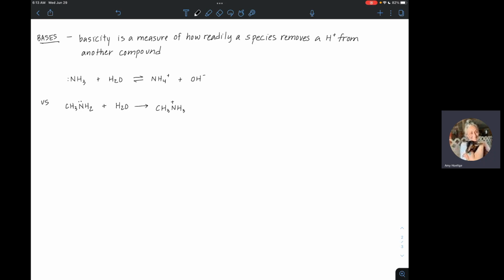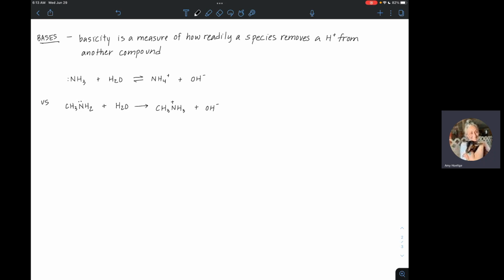There's a lone pair of electrons on that nitrogen, methylamine. After it has removed an acidic hydrogen from the water molecule, because water will behave as an acid in the presence of methylamine as well, we have its ammonium compound and hydroxide.